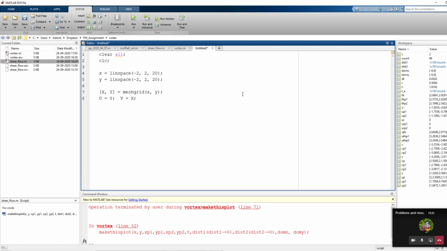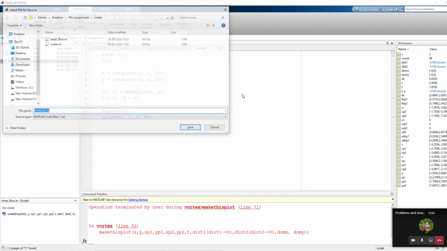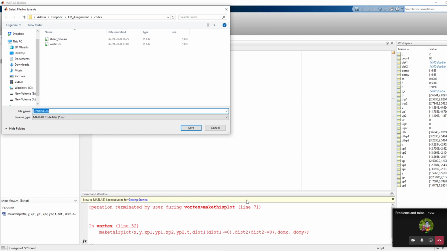And now with this, I can first draw the vector plot. So I will say figure 1, quiver, x, y, u, v. Let's just do this preliminary plot.